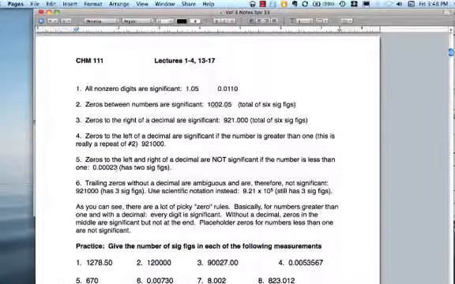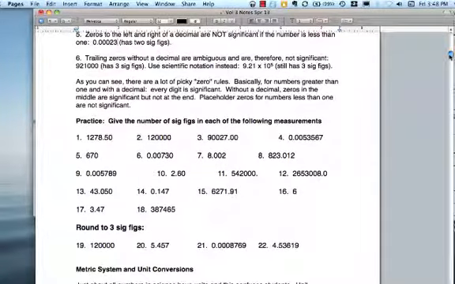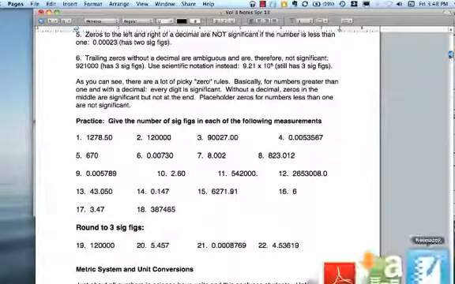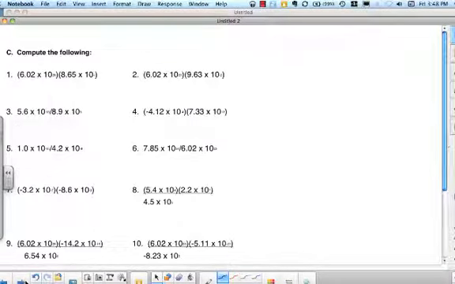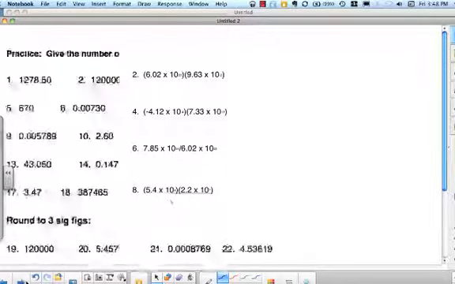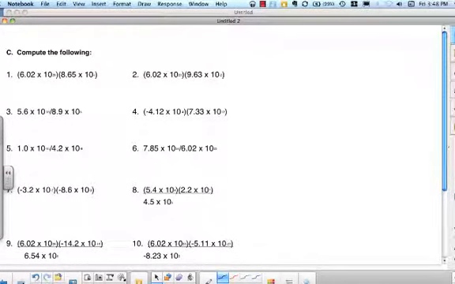All right? So now we're going to do some examples, and I will start off with an example of the one we did not have an example of. So going back to the notebook. All right, so here we are with our examples of significant figures.